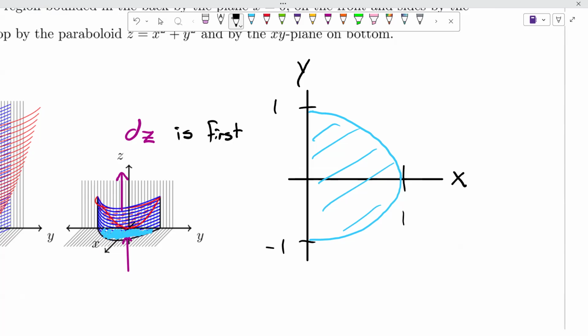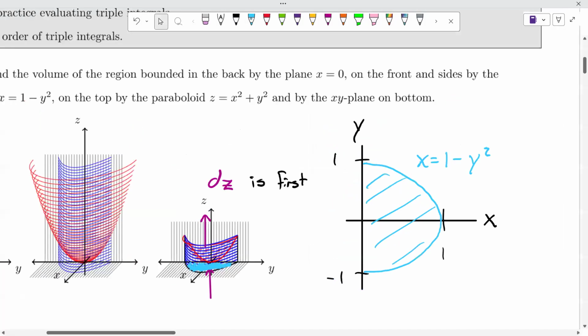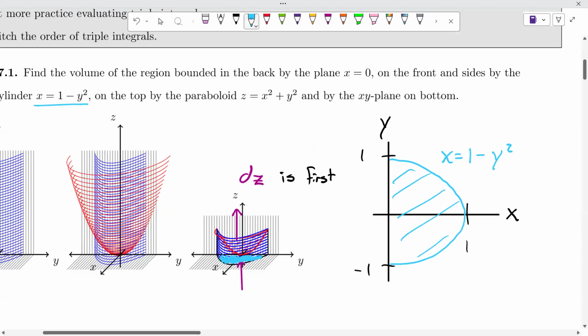If I'm just looking at the paraboloid, I know that this thing is going to have the equation x equals 1 minus y squared. I can look back at my original couple of equations to see where I've got that blue and that red equation from. But so I've got that paraboloid, x equals 1 minus y squared. It's not a paraboloid anymore, it's just a parabola. And we want to integrate over that region.